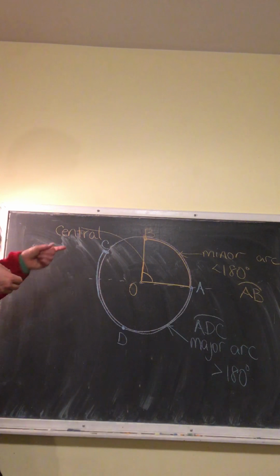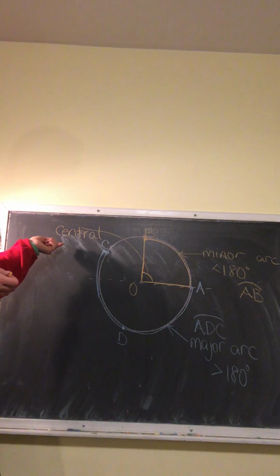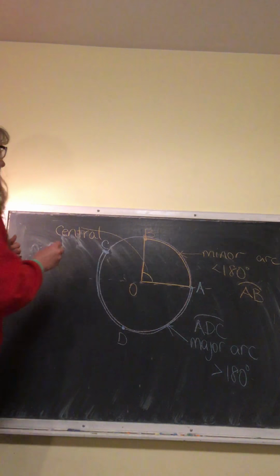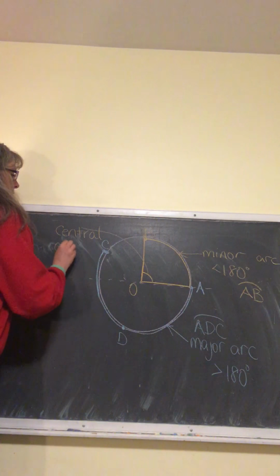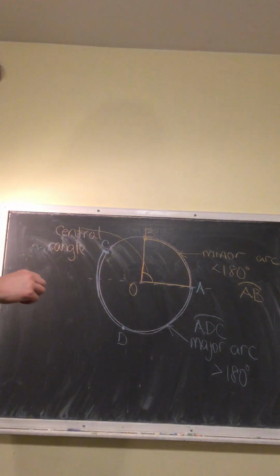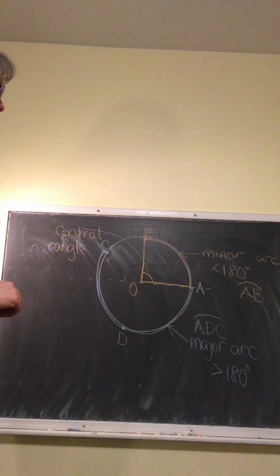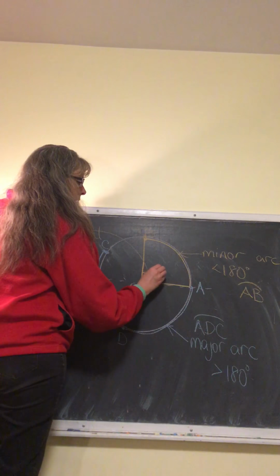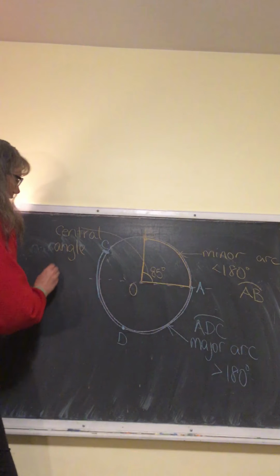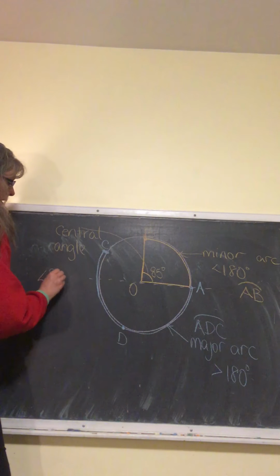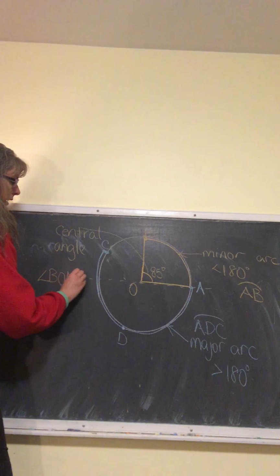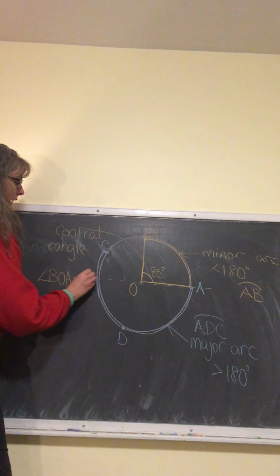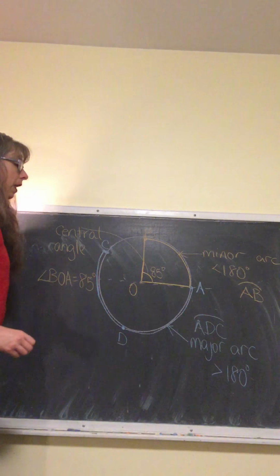Pretty clever, huh? So how big would you guess this central angle is? It's less than 90 degrees, but not a lot. Let's say it's 85 degrees. All right, so this central angle is 85 degrees. So angle BOA equals 85 degrees.